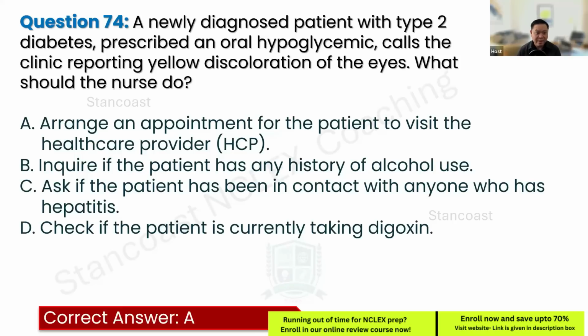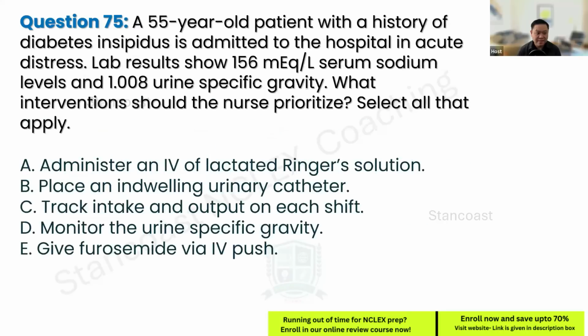Let's have number 75. A 55-year-old patient with a history of diabetes insipidus is admitted to the hospital in acute distress. Lab results show 156 milliequivalents per liter serum sodium levels, and 1.008 urine specific gravity. What interventions should the nurse prioritize?